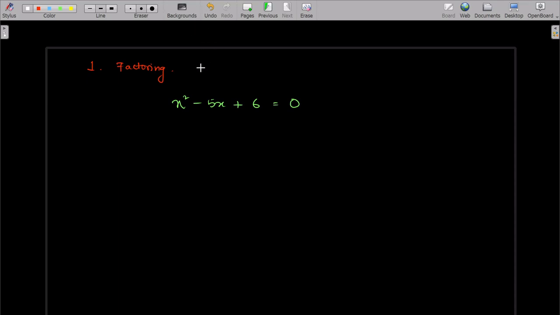Is it 3 and 2? 3 and 2, perfect. So x is equal to 2 and 3 are the two solutions of this quadratic equation.